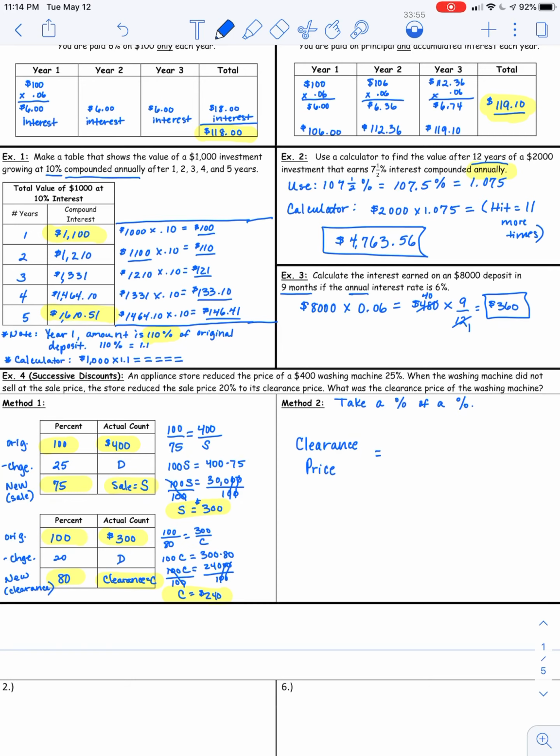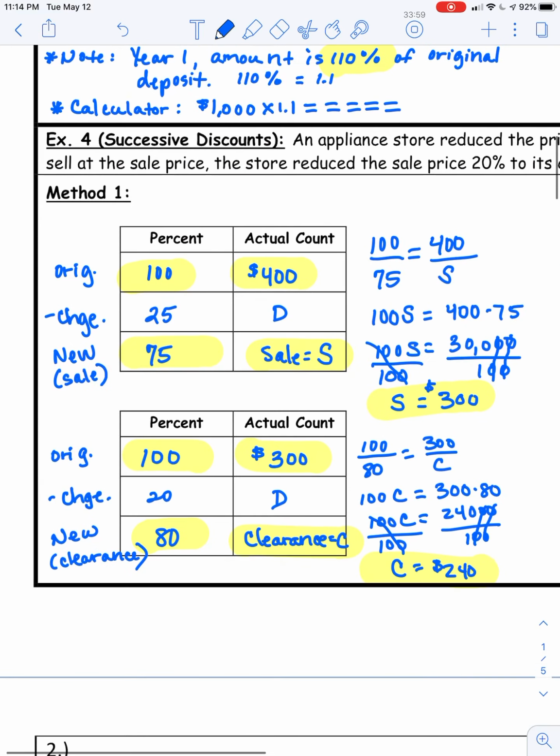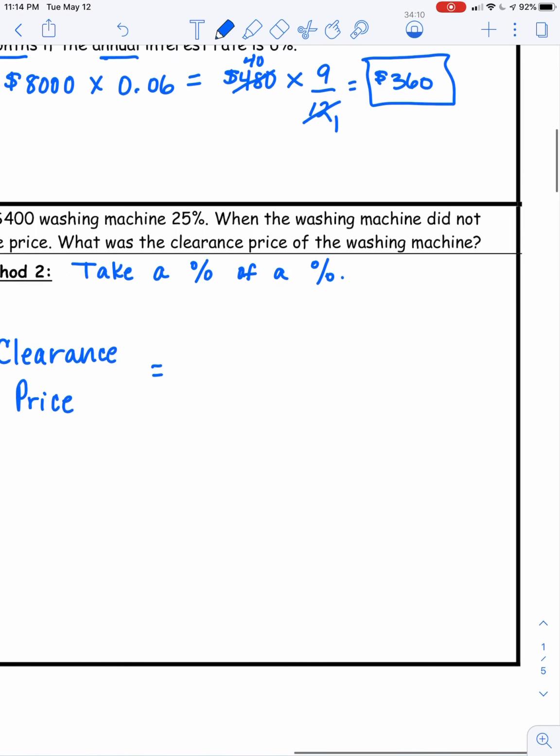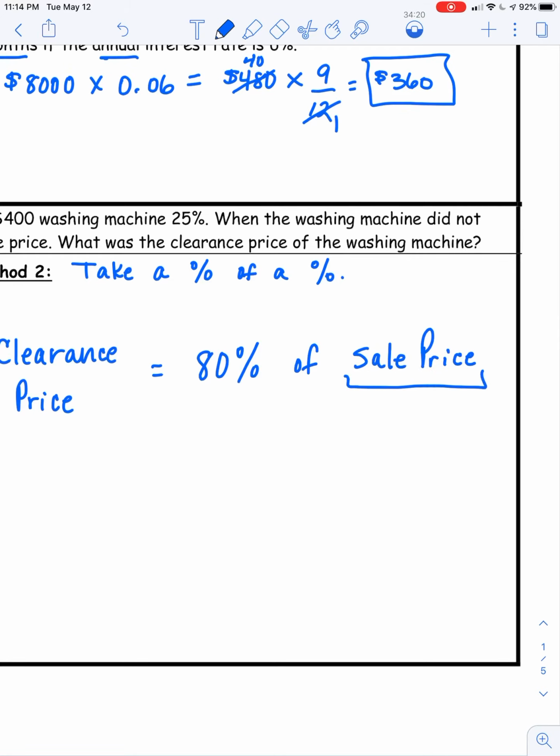In the second ratio box, we took 80%. We took 80% of the sale price, right? So over here to the right, I'm going to write 80% of the sale price. That's how we find the clearance price.